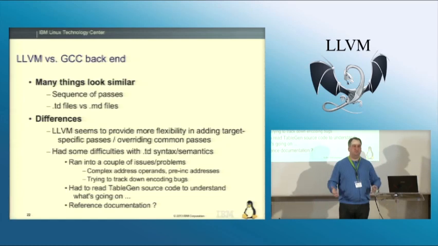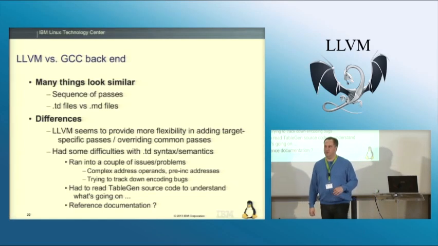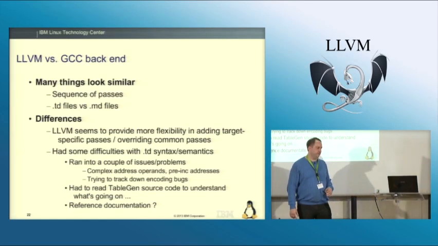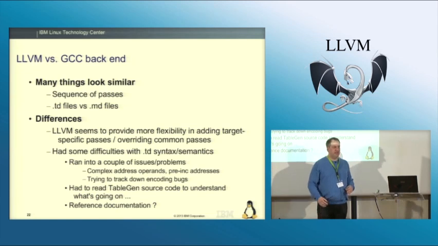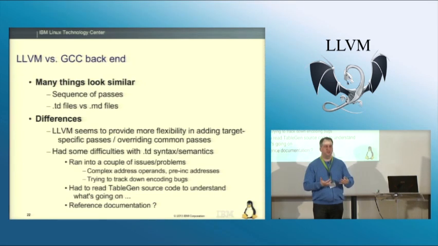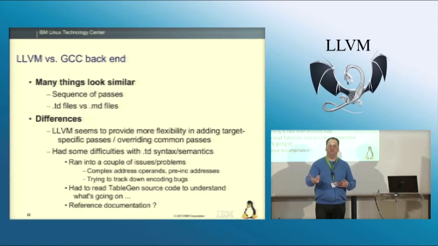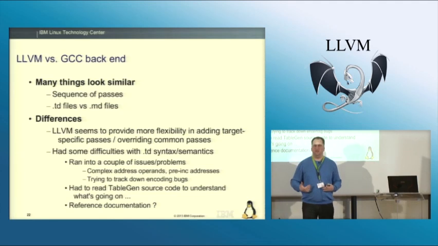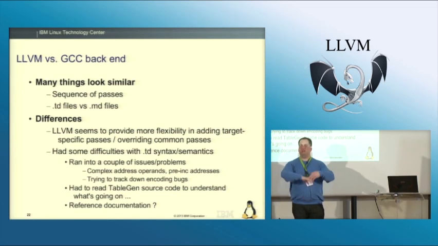Of course, when looking into details, there are differences. LLVM does seem to be a little bit more, or actually a lot more flexible in what it allows the target to do in adding stuff that isn't anticipated by common code. You have a lot more flexibility in adding completely new passes and just putting them in the pass manager and it works.